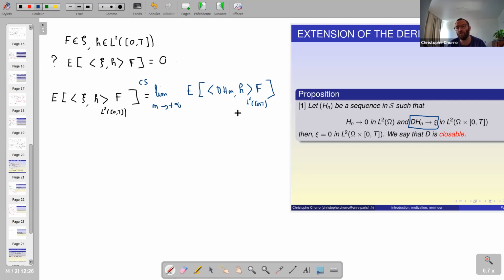If you want to prove it at home, take the difference of these two, and then apply the Cauchy-Schwarz inequality to prove that the convergence of D of Hn towards C in L2 of omega times 0 capital T implies the convergence of this term toward this one. It's just basic integration theory. So I have this. But what is this term?